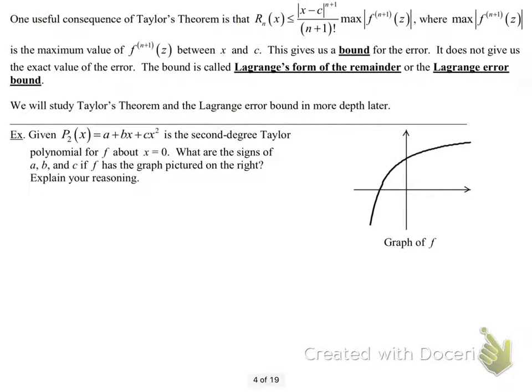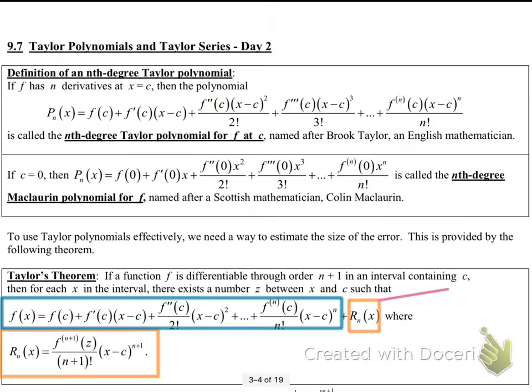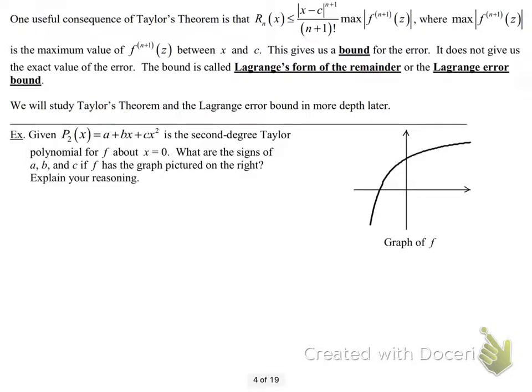Okay, so all I was trying to say is that all we know for sure is there is some value between x and c that is equivalent to the remainder, and that particular value gives us a bound for the error, but it doesn't give us the exact value of the error.